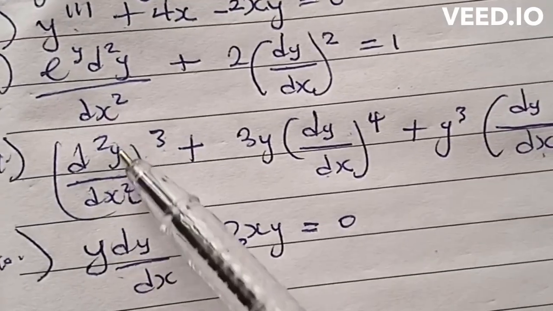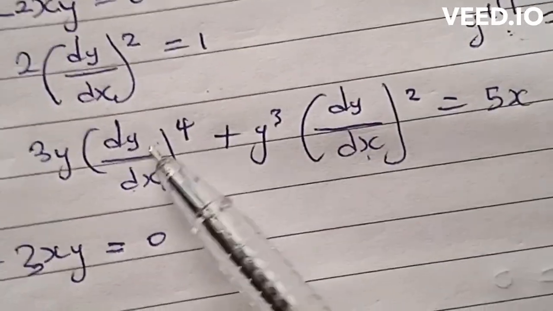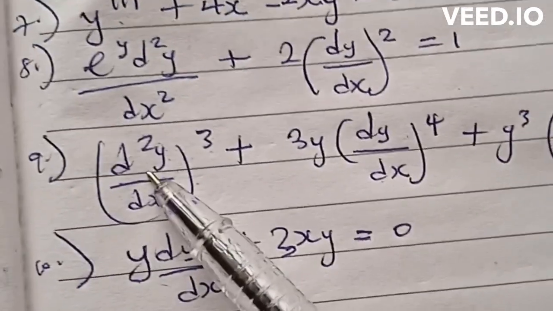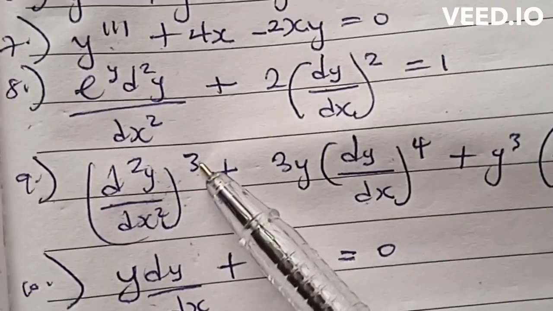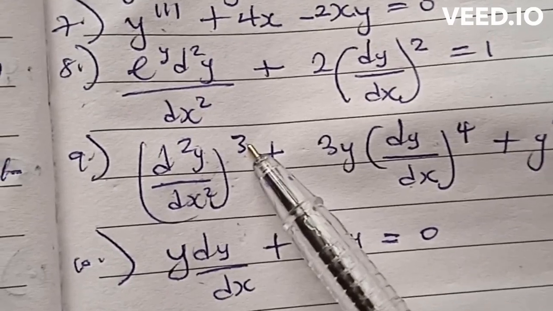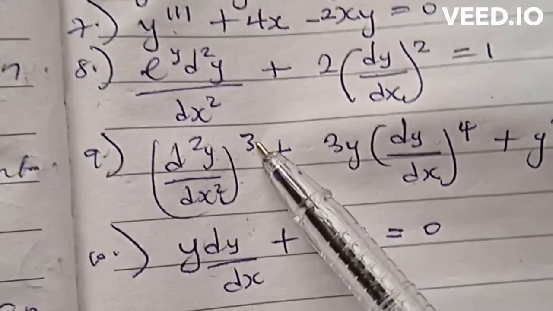Remind you, the highest order in this equation is this, which is the second order. This is a first order, this is a first order, but this is a second order. Therefore, this second order is the highest order, and it is raised to power of 3. Therefore, it is a non-linear differential equation.